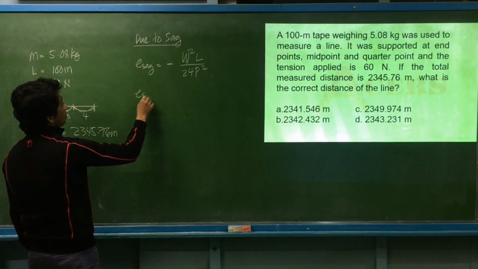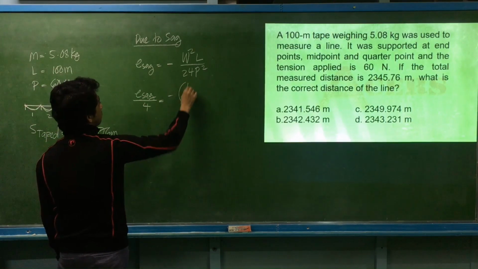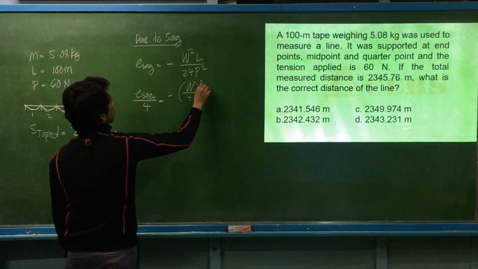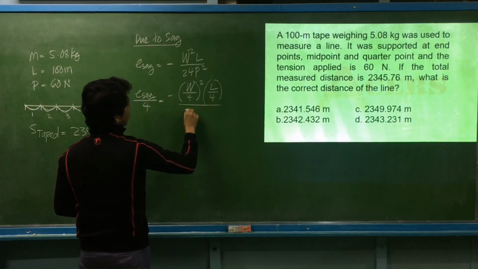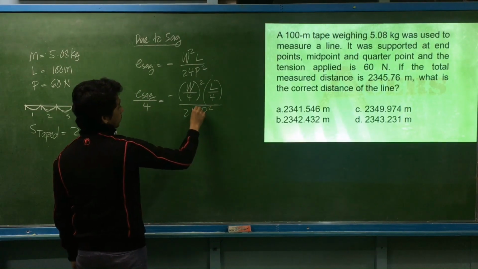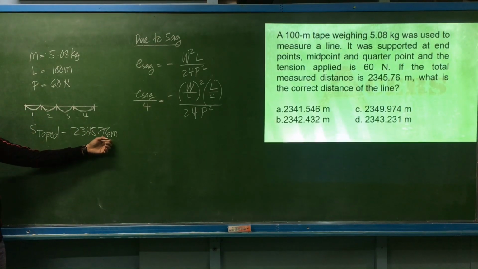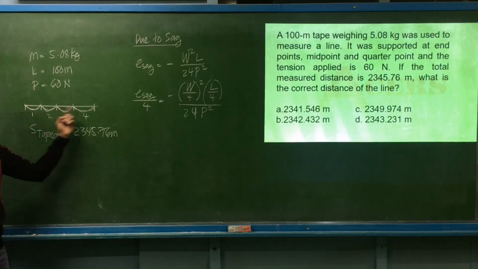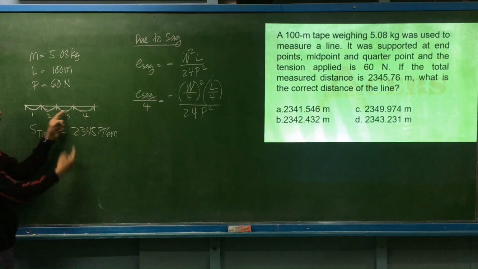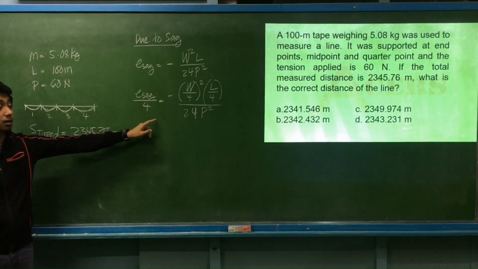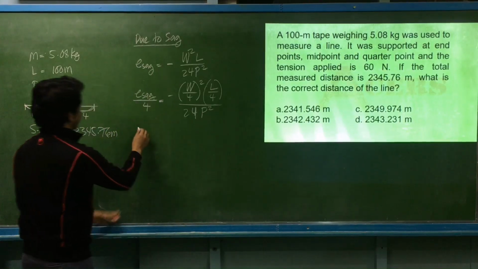So, we have the error due to sag per tape ito, divided by 4, is the same as negative the total weight over 4 squared, the length, so obviously, divided by 4, divided by 24 times the applied tension squared. So, para hindi na tayo mag-introduce ng ibang formula. Kapag kailangan nyo i-observe kung ilan yung sag, just in case lang na walang supports in between, so hindi nyo kailangan gawin ito. So, we have the error. This is now the error due to sag.